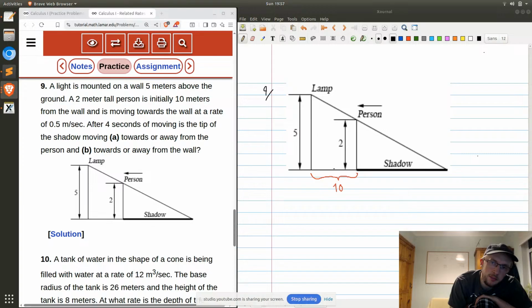I mean, the person's gonna be closer. So what are you asking me to analyze that situation? By similar triangles, that's 2/5, is it not? And so that there.